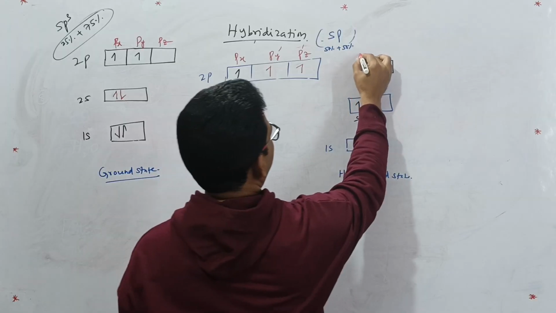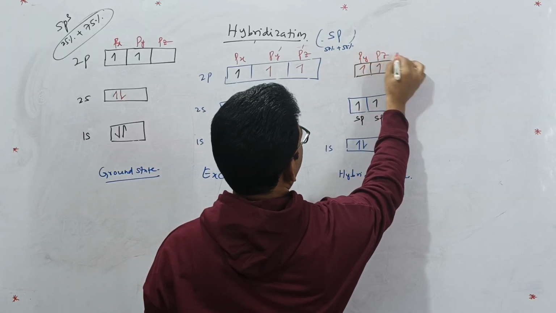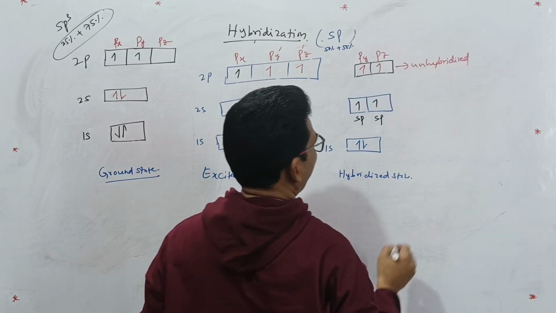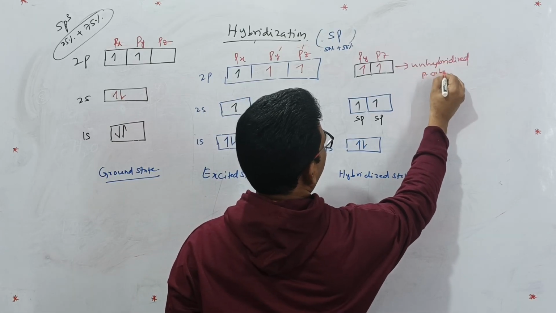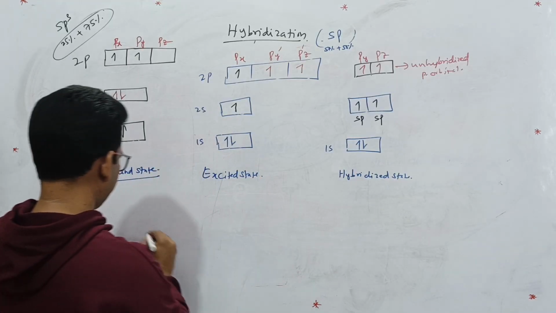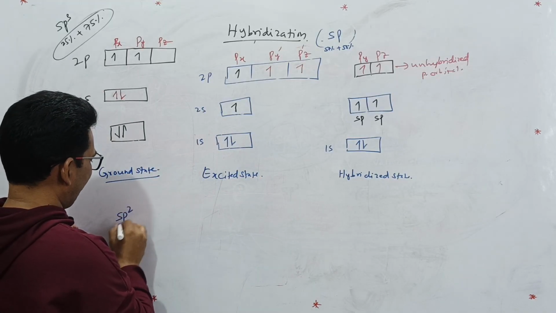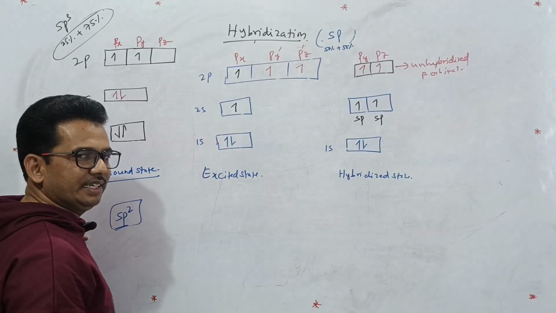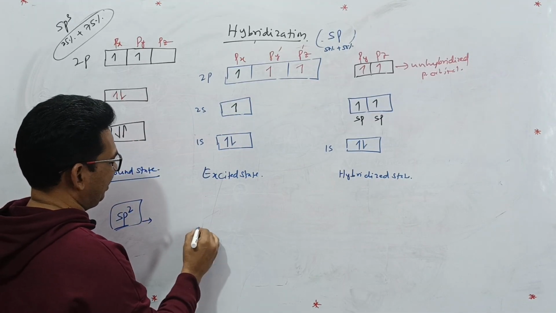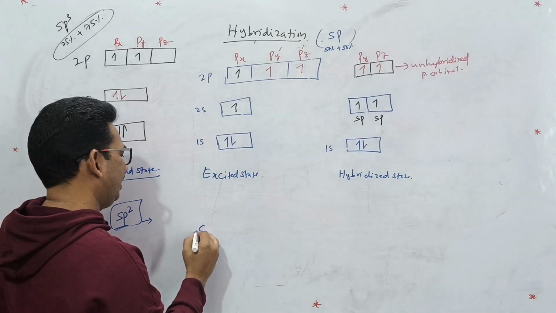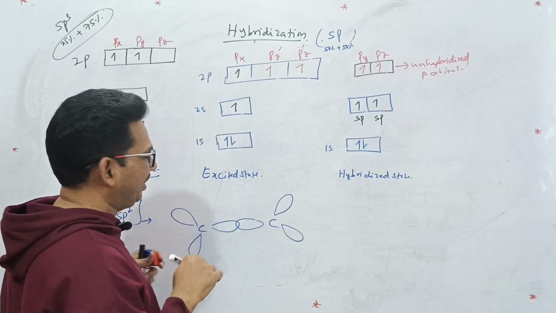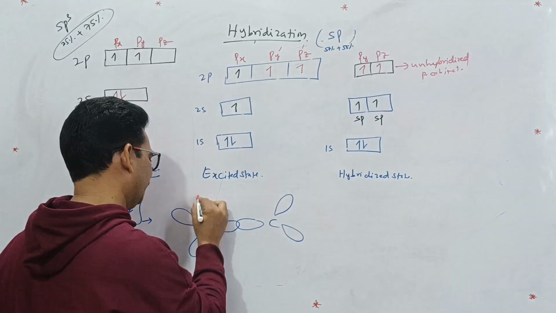They remain the same. Here only unhybridized py, pz. This is called the unhybridized p orbital. Previously I gave the example for sp2. The shape I told is different. sp2 shape is different, sp shape is different. See, when you write the ethene orbital structure, how many unhybridized orbitals are there in case of sp2?